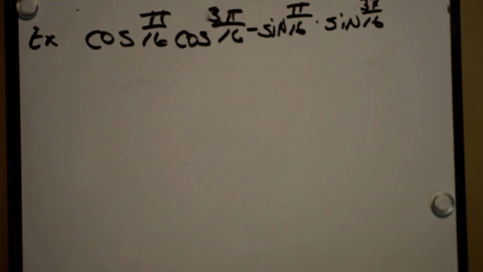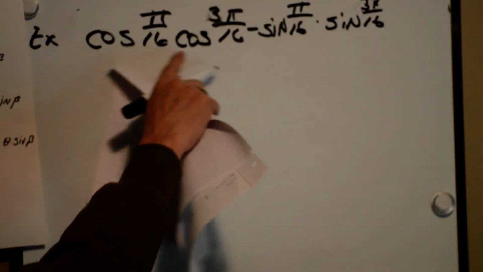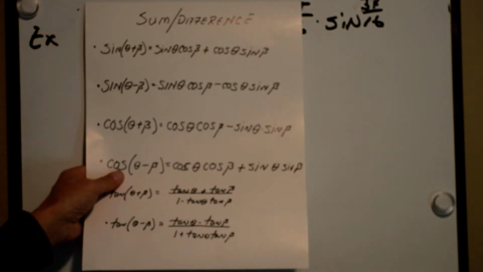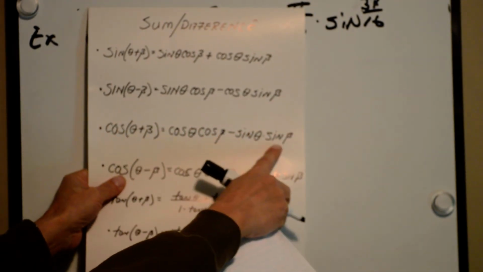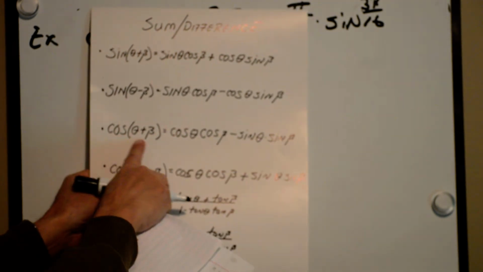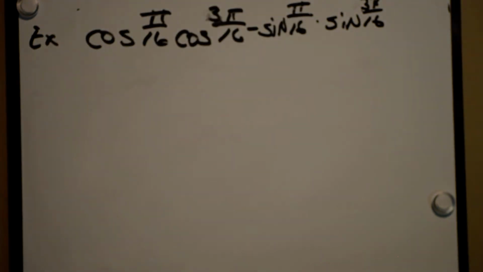If you will notice, that is the right-hand side of our formula: cosine, cosine, sine, sine with the subtraction symbol. So you take a look at your formula sheet. You have cosine, cosine, sine, sine with the subtraction symbol. That means we're doing the sum formula of cosine, cosine of theta plus beta.